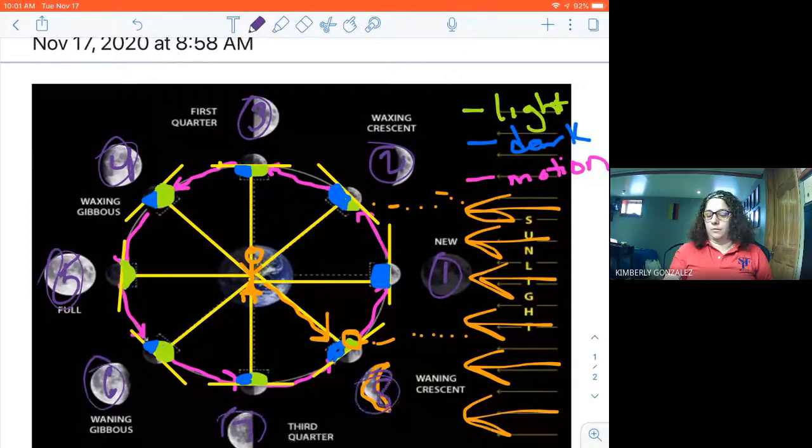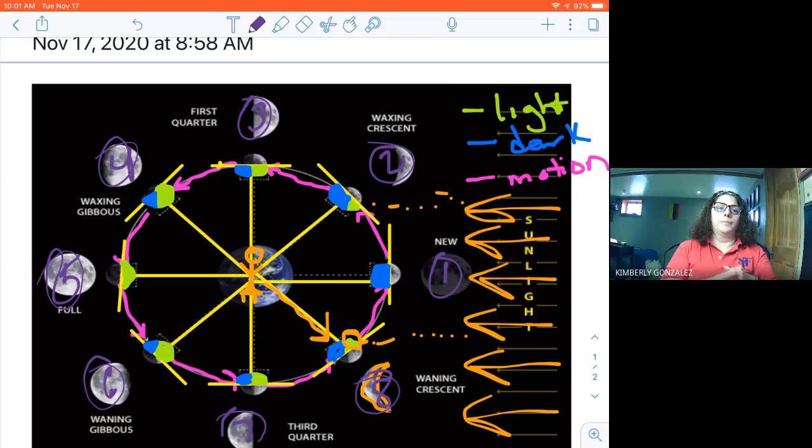I could say to you, okay, identify position 3. And you would have to call it the first quarter. Okay, I believe they'll actually accept a waxing quarter as well, but it would have to either be the first quarter or the waxing quarter because we know what that means.